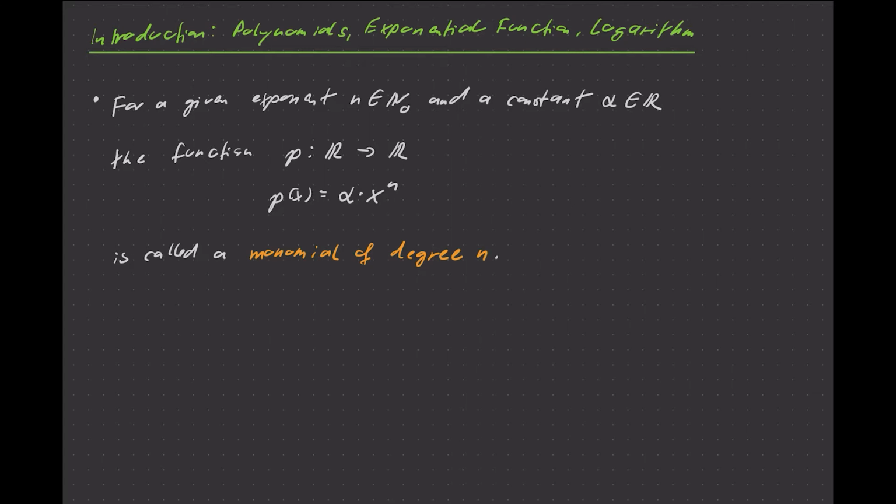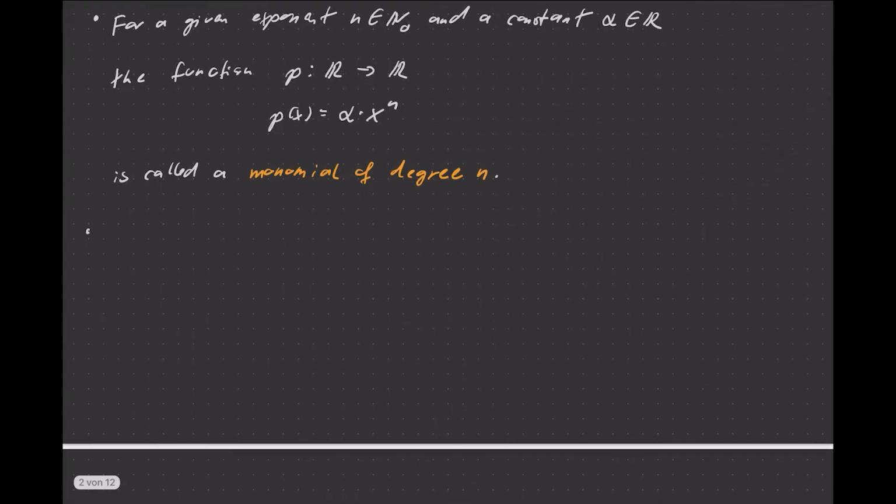And now if you combine several monomials together by just summing them, what you get is a so-called polynomial. Okay?